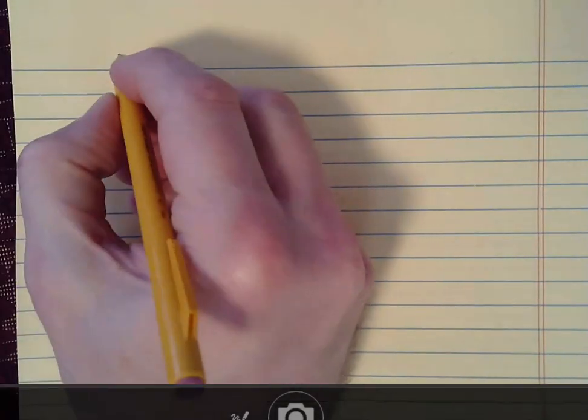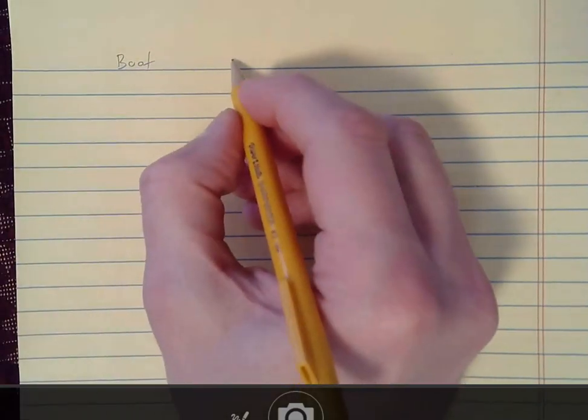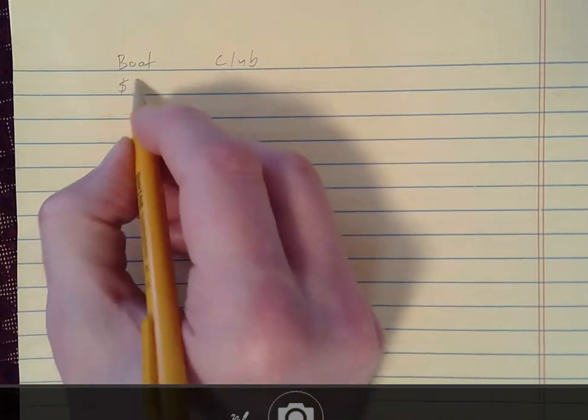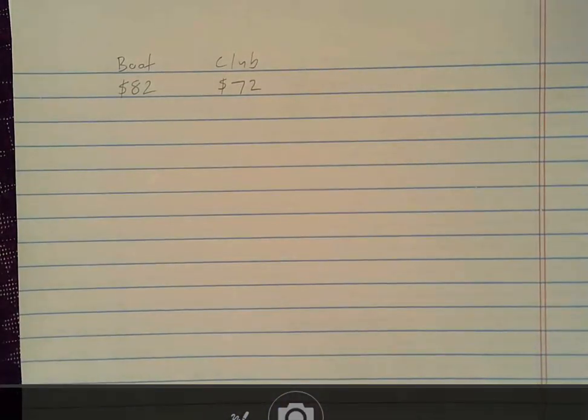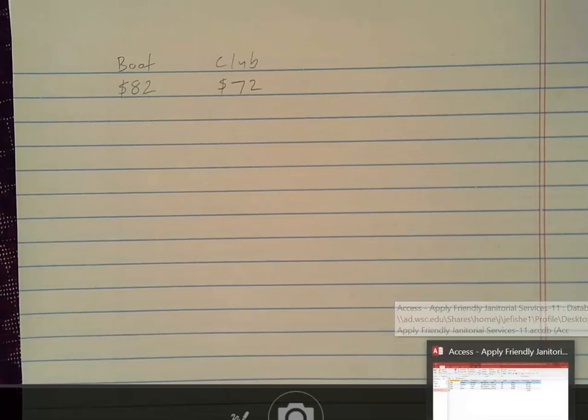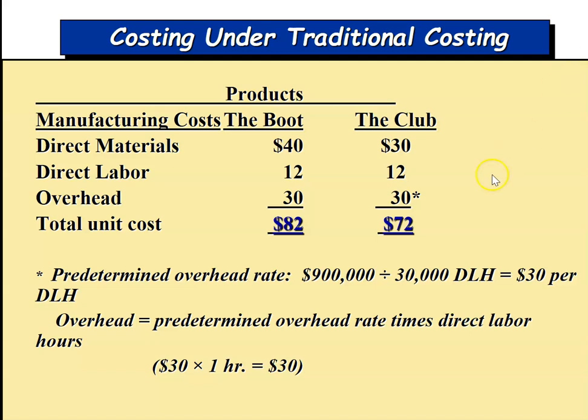What I want to do at this point, so that I don't forget this, and you should do the exact same thing, is write these two figures down. Our total cost for the boot was $82, and our total cost for the club, $62. That's really all I want to do right now. So keep those figures in mind.